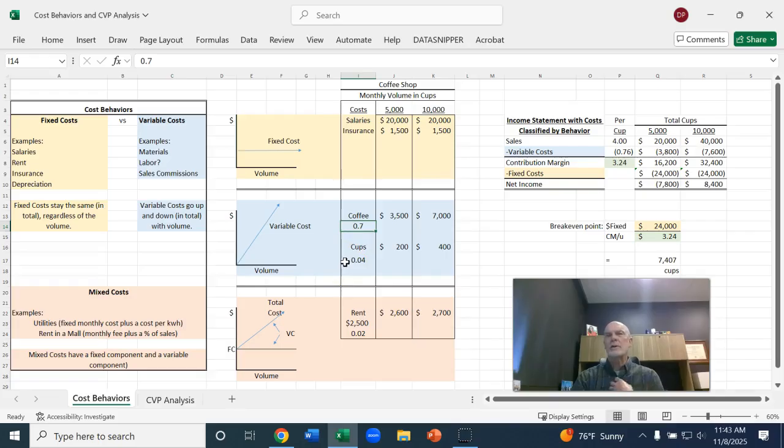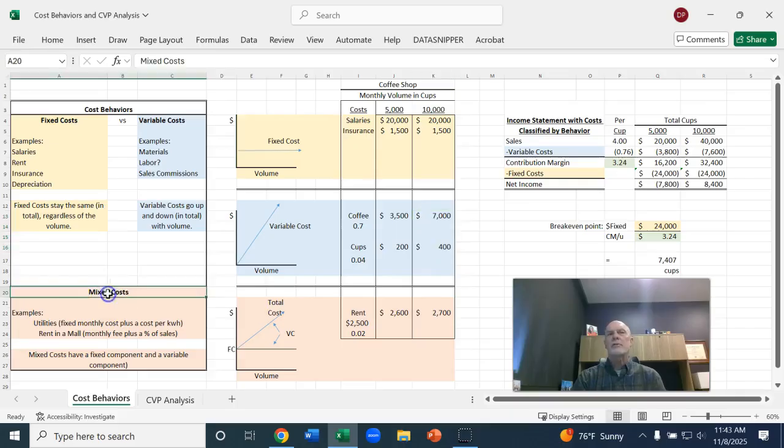So our total cost for each cup that we sell would be 74 cents. So if we sell 5,000 cups of coffee, our cost would be 3,700. If we double that to 10,000 cups, our total cost for the coffee and the cups would be 7,400.